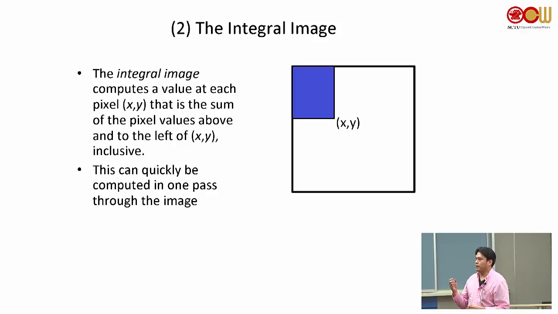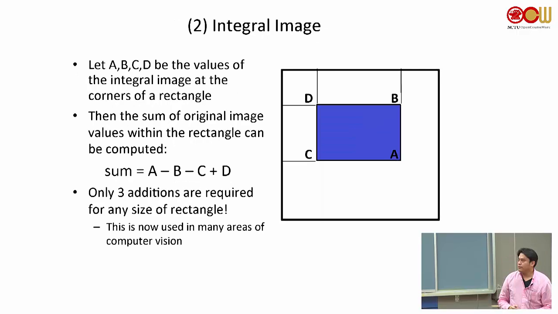Okay, so this algorithm also introduced a method called the integral image. The integral image tries to sum up the values from the top left corner. The best part is that suppose I want to compute the value of the features in a rectangle.